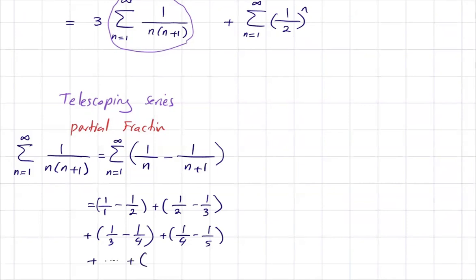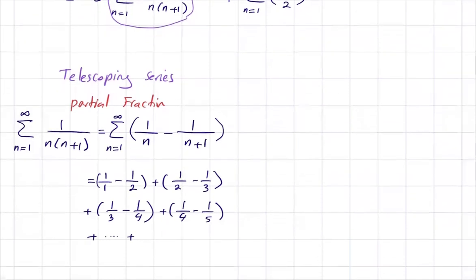You can continue this process and you end up with 1 over n. Let me just write down 1 over n for the sake of space: 1 over n minus 1 over n plus 1. So if you start analyzing this, you see that you have negative a half and a half, they get canceled out. A third and negative a third, a fourth and negative a fourth, a fifth and negative a fifth.